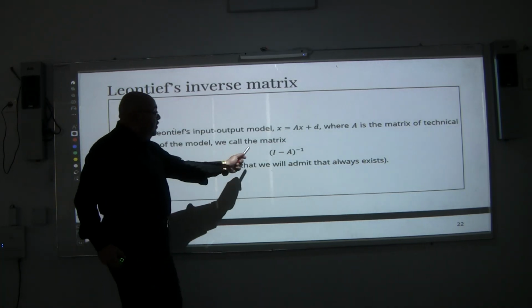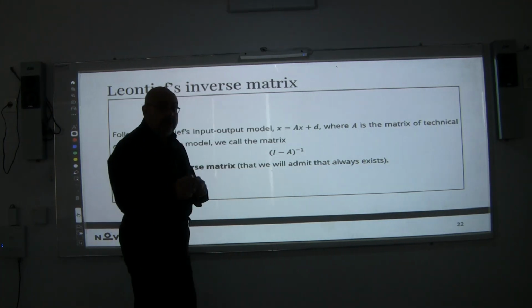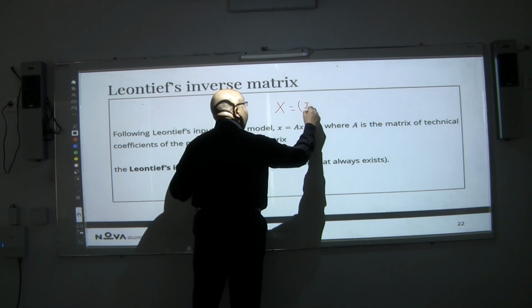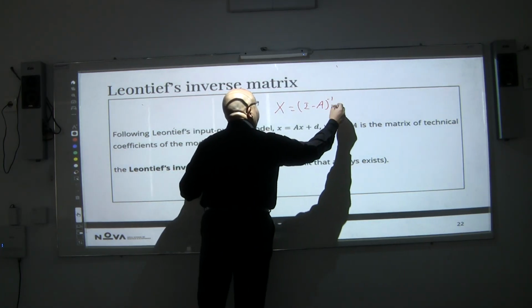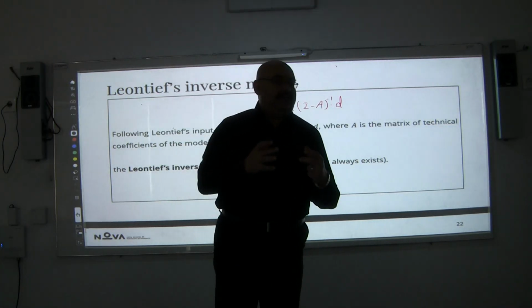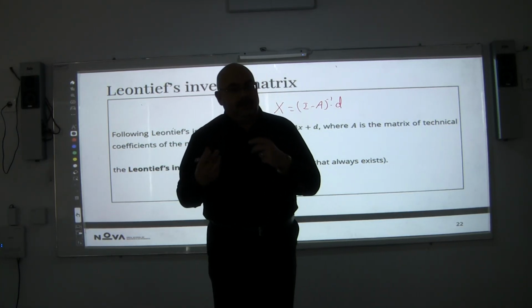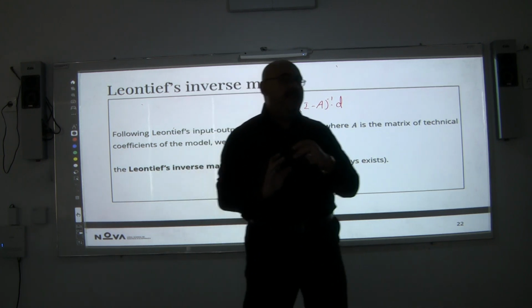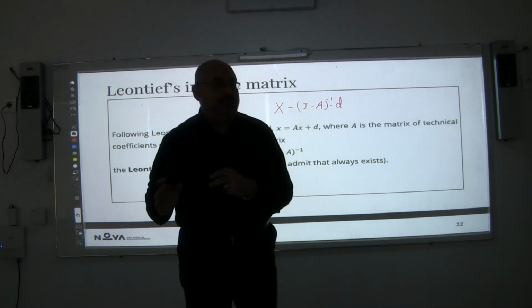I will use this matrix if I want to get a production relative to a certain demand. If I have a certain demand to satisfy, what's the production that I'm going to use? I will multiply the inverse Leontief matrix by the final demand, then I will get the production required.